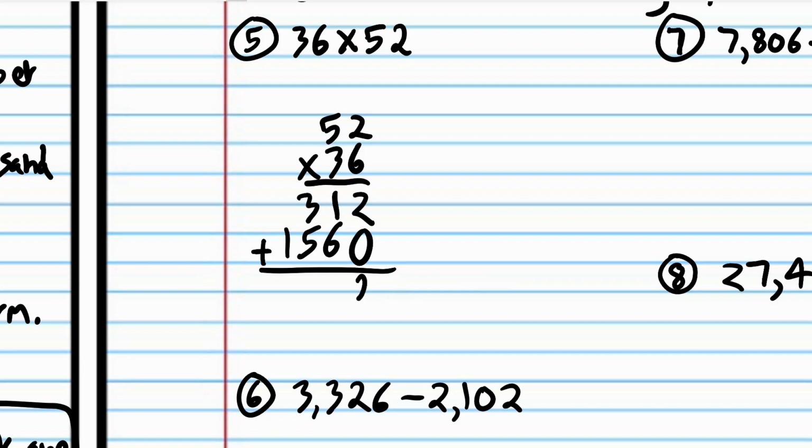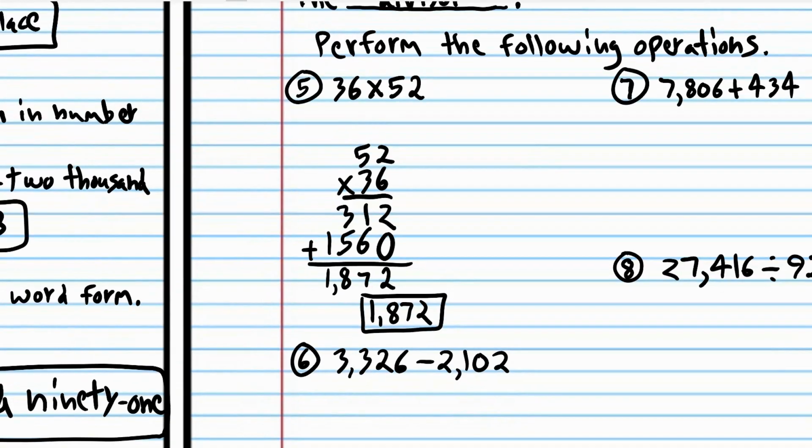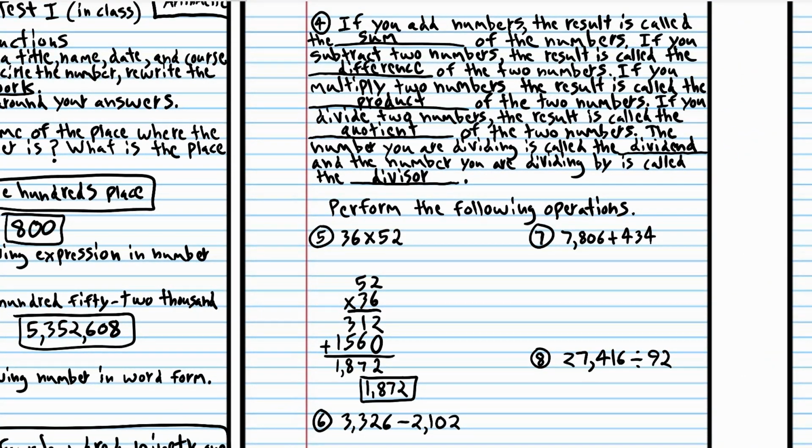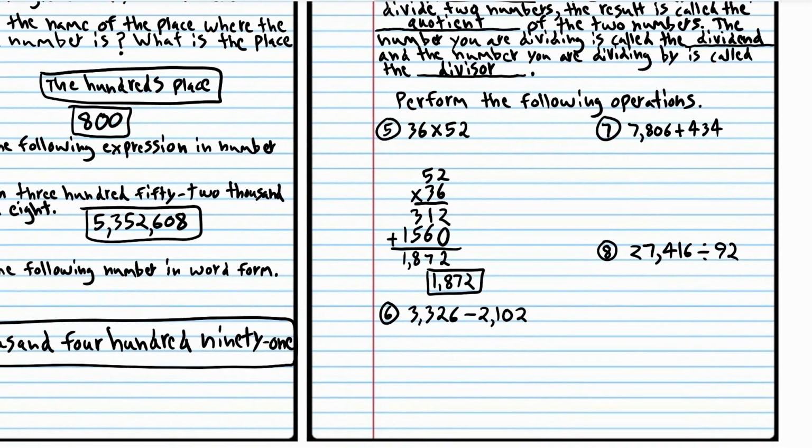So 2 plus 0 is 2, 6 plus 1 is 7, 5 plus 3 is 8, 1 plus nothing is 1. Put your comma, and our final answer is 1,872. Now we didn't have to rectangle these terms because they're already underlined, so you don't really need to worry about that.